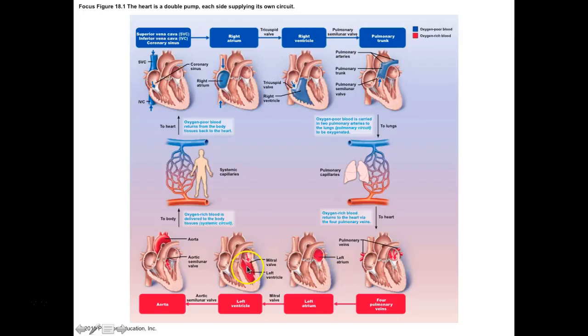From there, we go through the aortic semilunar valve, which you can barely see here. That aortic semilunar valve leads us to the ascending aorta, aortic arch, and then the descending aorta. Through the aortic arch and the descending aorta, we are sending oxygenated blood to the rest of our body through the systemic circuit.